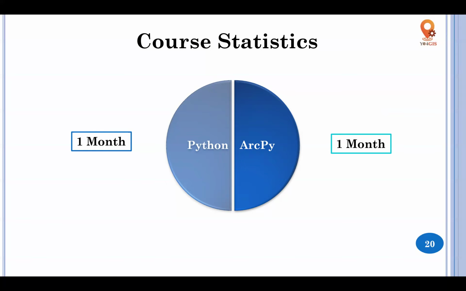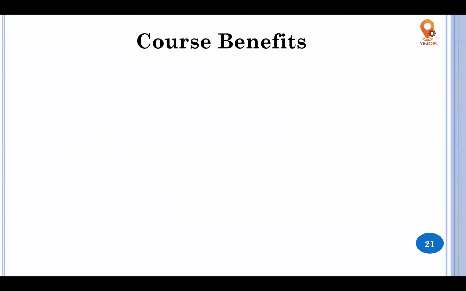So 50% of the course, or 1 month, you can consider for Python, and after that the entire thing is for ArcPy. Using ArcPy, we are going to create many tools for the customization of ArcGIS Pro.